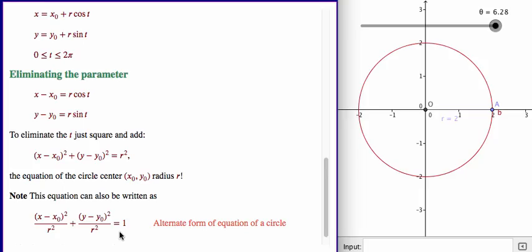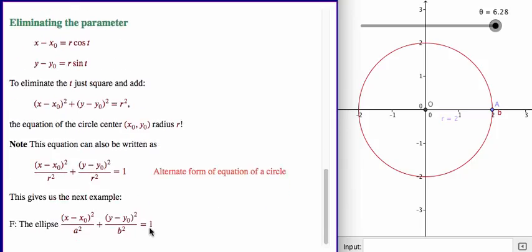Big deal. But what if this r was different from that r? If that is the case, you get something called an ellipse. So what is an ellipse? What's the equation of an ellipse? I'm going to write that down. The equation of an ellipse is almost the same as the equation of the circle, except the denominators here are different.